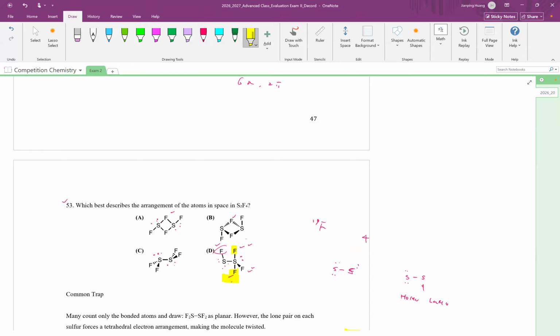Okay, I'm going to repeat. This is a very good question. It can be in part 2. Sulfur bond cannot rotate, because rotation is strongly hindered by hypervalent bonding and lone pair electrons. That's number 1.